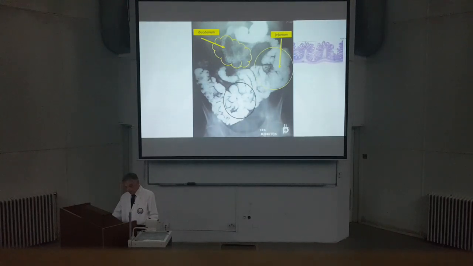Then, which part of the small intestine is this? This is the ileum. You can see different X-ray appearance indicates the different height and density of this plica circularis.